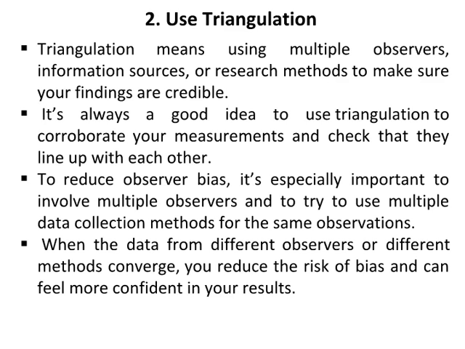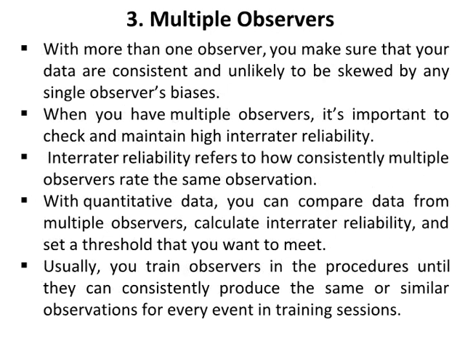To reduce observer bias, it's especially important to involve multiple observers and to try to use multiple data collection methods for the same observations. When the data from different observers or different methods converge, you reduce the risk of bias and can feel more confident in your results.